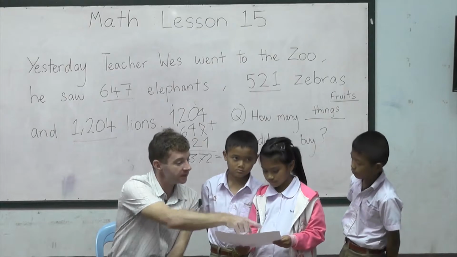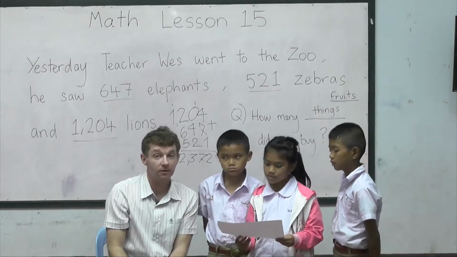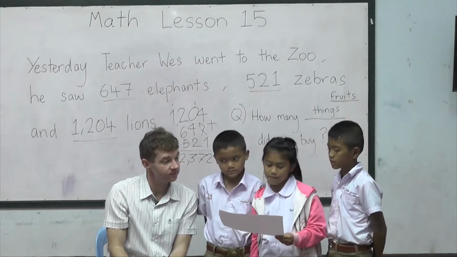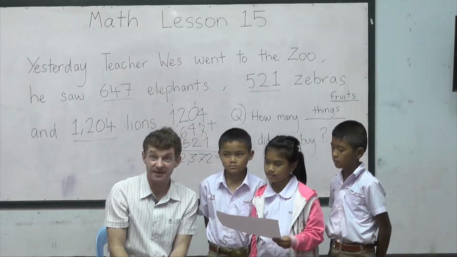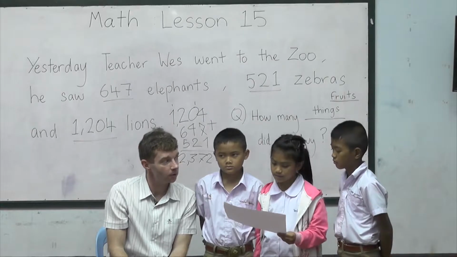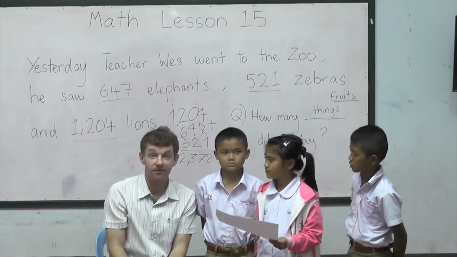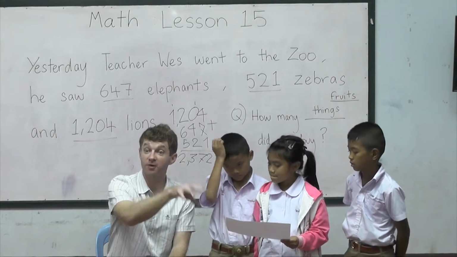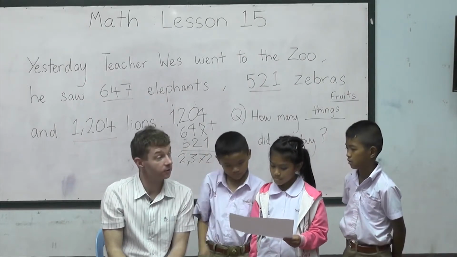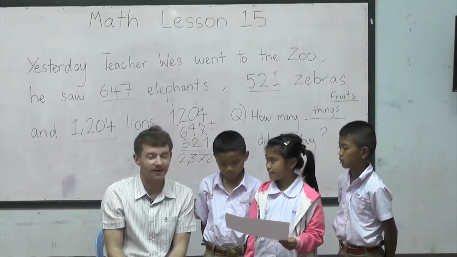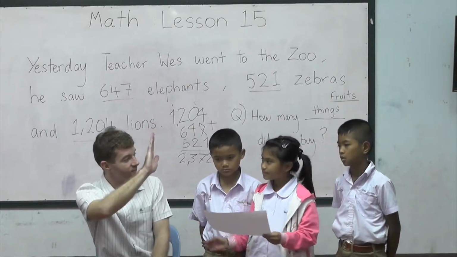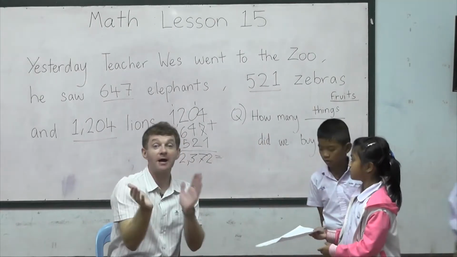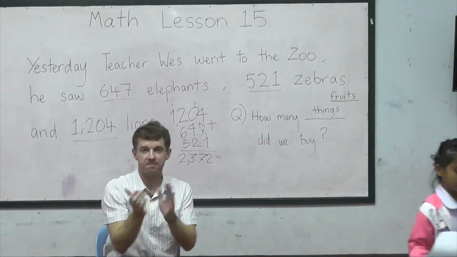Because we have how many dogs? 100 dogs. How many cats? 50 cats. And how many birds? 30. Excellent. So 100 plus 50 plus 30 equals? 180. Excellent. Can I get a high five off everyone? Great work. Round of applause.